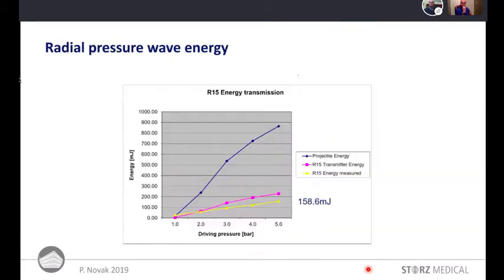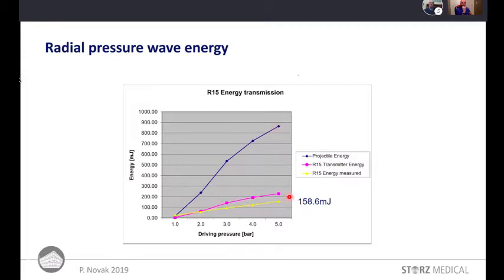Now we can see calculations here. This is a calculation on behalf of the projectile speed. You see that there's a lot of energy which this projectile is carrying with it. But it takes a lot of this energy back because it just springs back from the transmitter, due to the large difference in mass between the projectile and the transmitter.